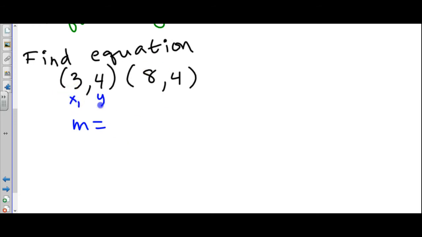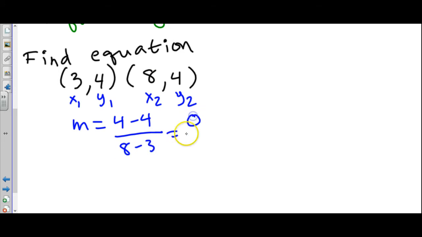Here we have x1, y1, x2, y2. First point, second point. So y2 minus y1 is 4 minus 4. x2 minus x1 is 8 minus 3. 4 minus 4 is 0. 8 minus 3 is 5, and 0 divided by 5 is 0. This equation has a slope of 0.